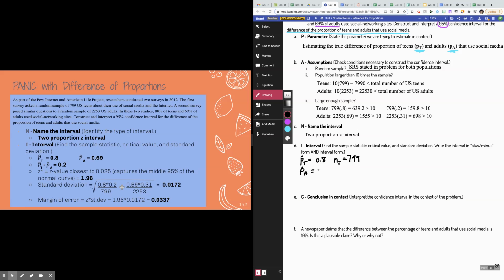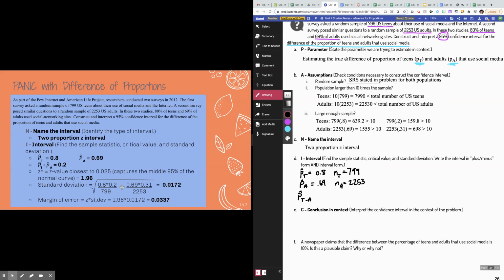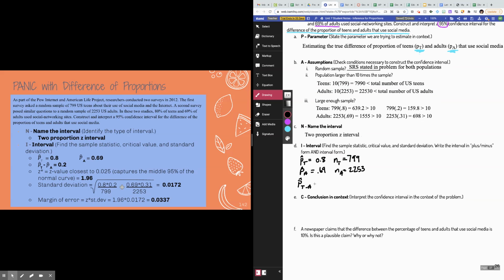For adults, the proportion is 0.69, and the sample size is 2,253.